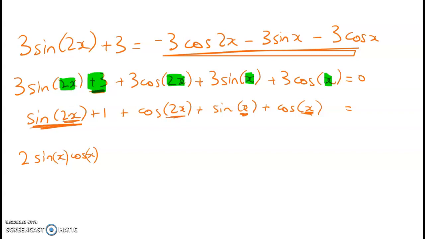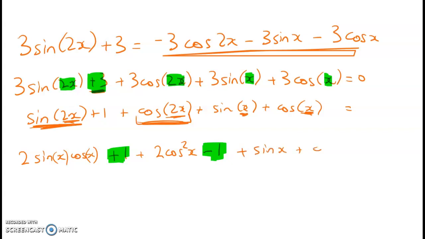So I've got 2 sine x cos x plus 1, and now I've got my choice of 3 double angles to use, and if I choose the one that is 2 cos squared x minus 1, then I'm happy because the plus 1 is going to be undone by the takeaway 1. So we've done that, and now we've got plus sine x plus cos x equals 0.